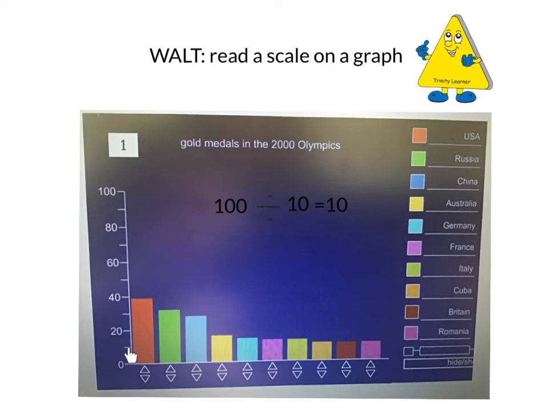Sometimes when we're reading scales, we need to estimate the answer. If it's a scale like this where there's a bit of a gap, so there's 10 between each of these, we sometimes have to estimate. So for this one, because we're saying that it's roughly right in the middle of 10 and 20, we would be thinking, what is halfway between 10 and 20, which would be 15.